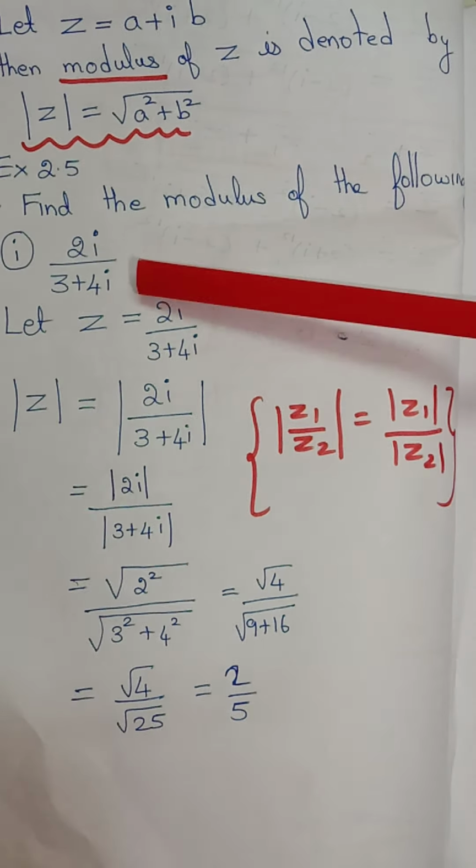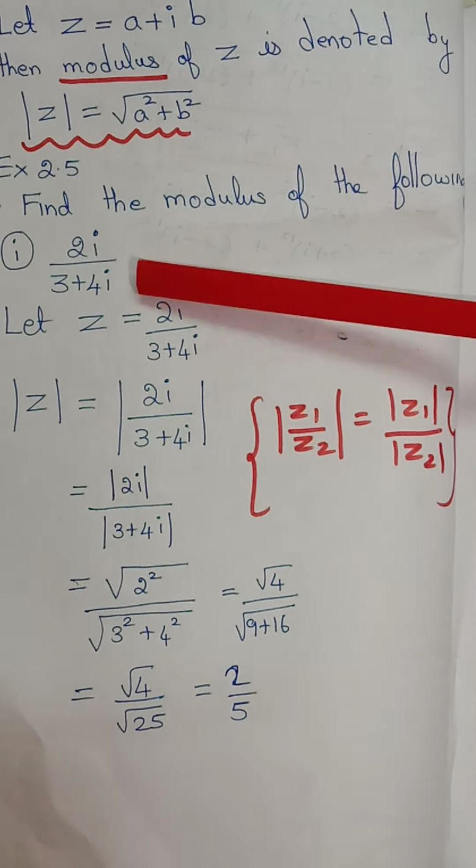Here the real number is 3, so 3 square, and the imaginary number is 4, so plus 4 square. Now 2 square we know is 4, 3 square is 9 plus 16, that is 25. So you will have root 4 by root 25. We can see both are perfect squares, so we can take the square root easily. Root 4 is what? 2. Square root of 25 is what? 5. So the modulus of the given question is 2 by 5.